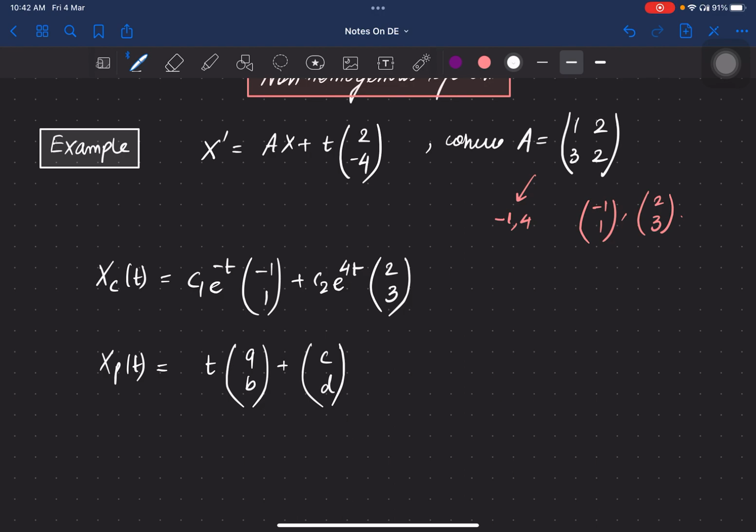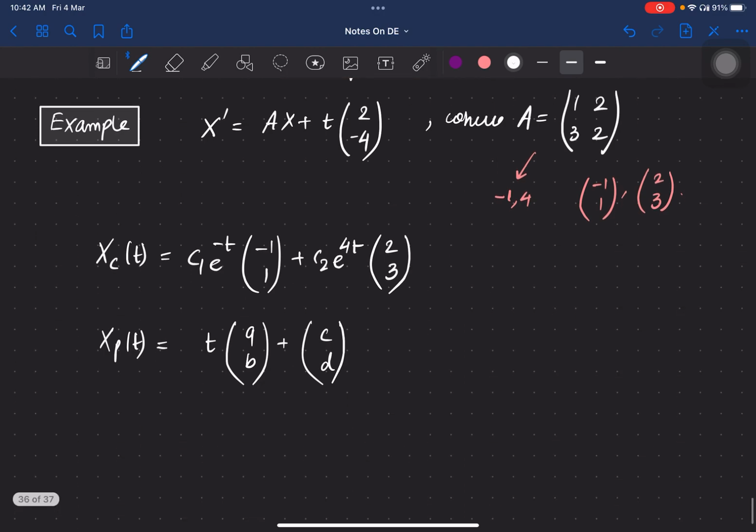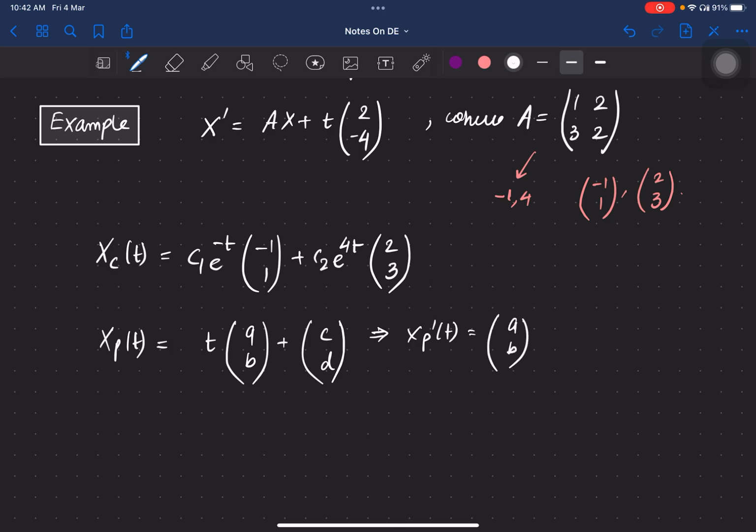If you have t square, you have one more t square into suppose (e, f). Okay, so now it will satisfy the differential equation. So from here xp prime is (a, b), the other thing will go to 0. So now I use xp prime equal to A xp plus (t, 2t minus 4).